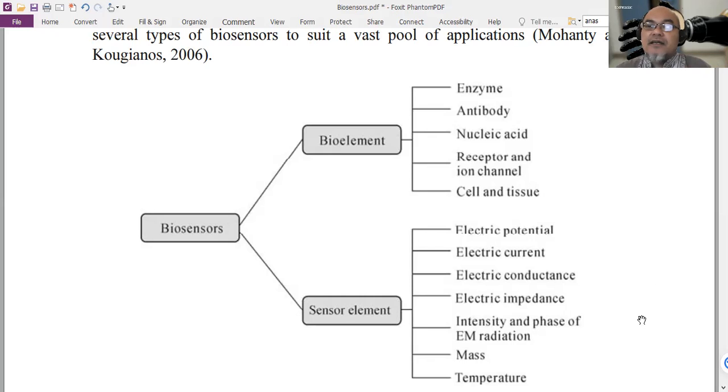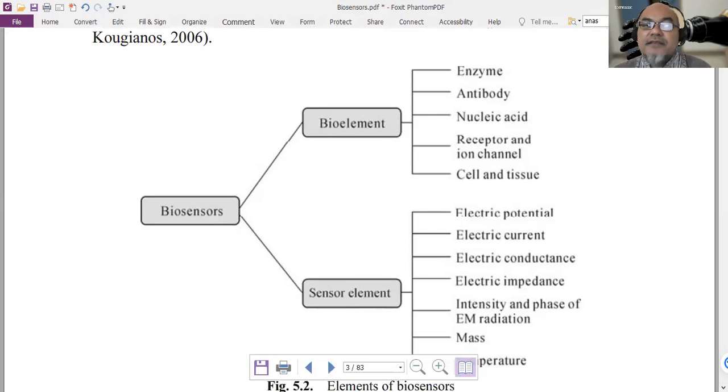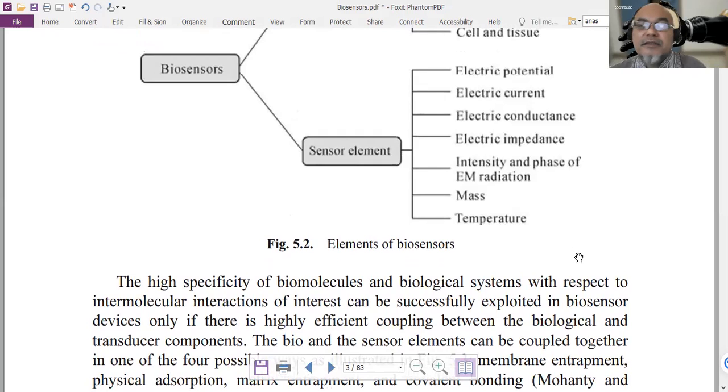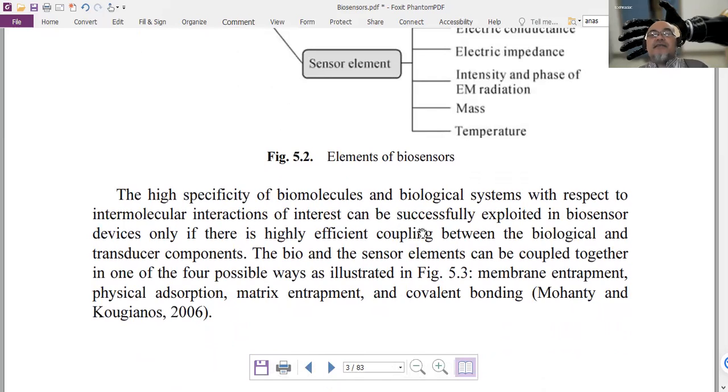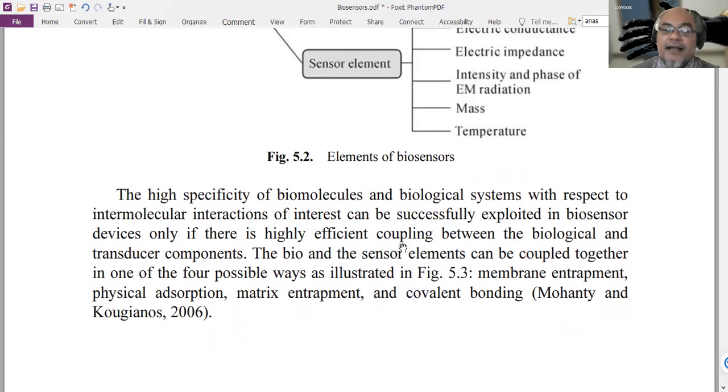It's like the lock and key concept in biochemistry. It means that, from the chemical sensor point of view, we have learned about selectivity and specificity, right? So biosensors are very selective and specific sensors because of the high specificity of biomolecules and biological systems with respect to the intermolecular interaction of interest. That's why this can be exploited in biosensor devices, if only there is highly efficient coupling between the biological and the transducer component.